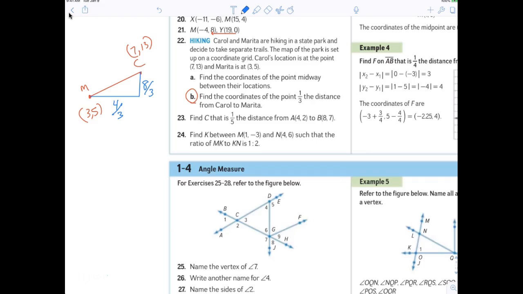All right. Now the question is, are we going to move from M or are we going to move from C? You're going to move from C. Do you agree? Does everybody agree?